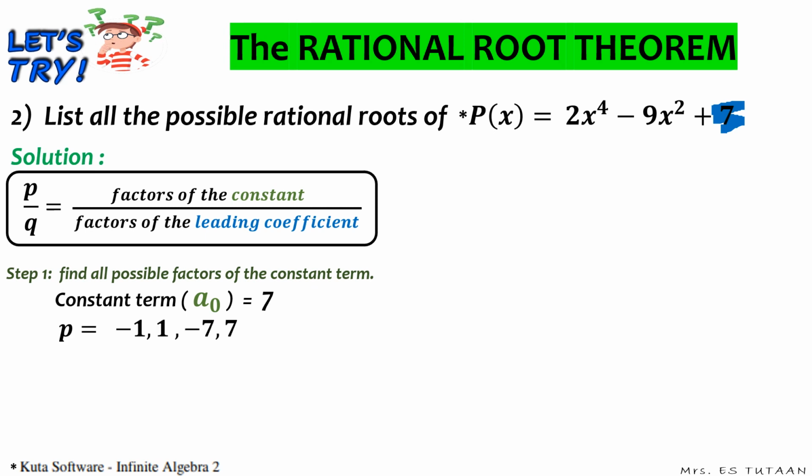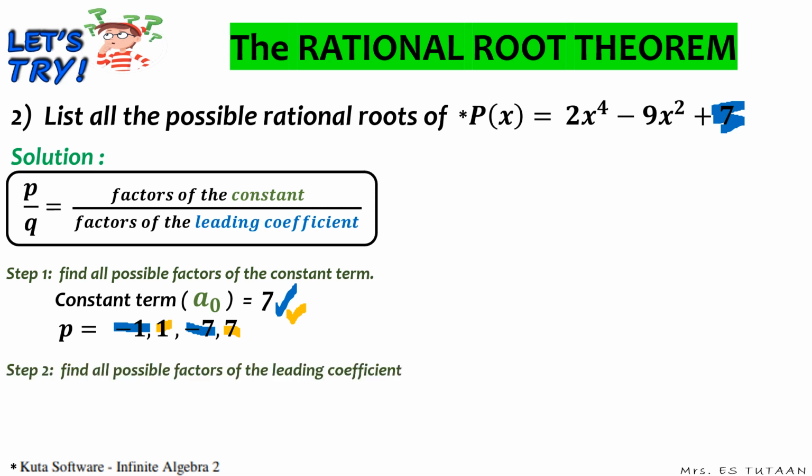Okay? So, what are the possible factors of positive 7? So, we have negative 1 times negative 7, that is positive 7. And then, we have positive 1 times positive 7, that will also give us positive 7. Okay, next step, what about the leading coefficient?